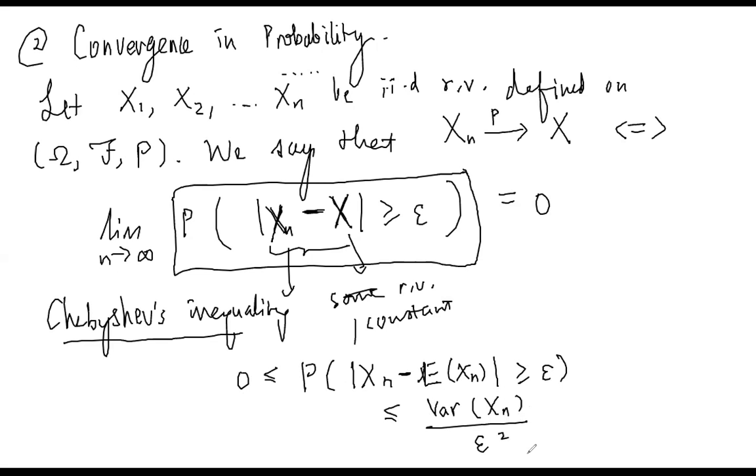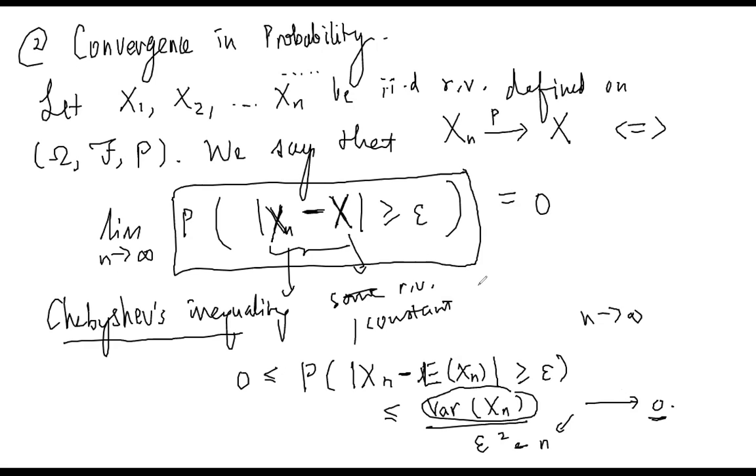Your upper bound involves the variance of Xn, which usually has some n in the denominator. Therefore as n tends to infinity, the upper bound tends to 0 and equals the lower bound.